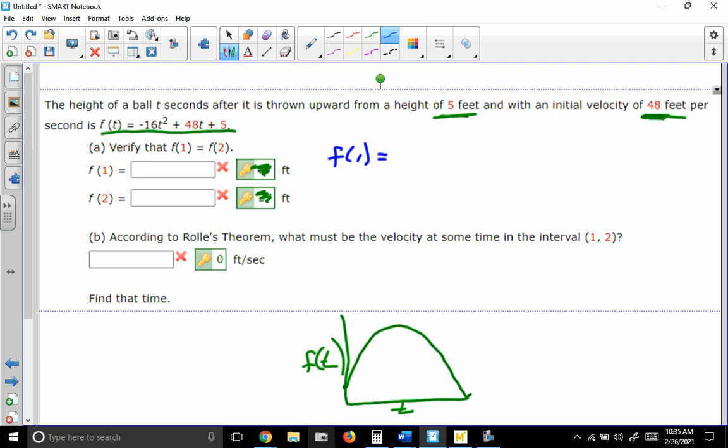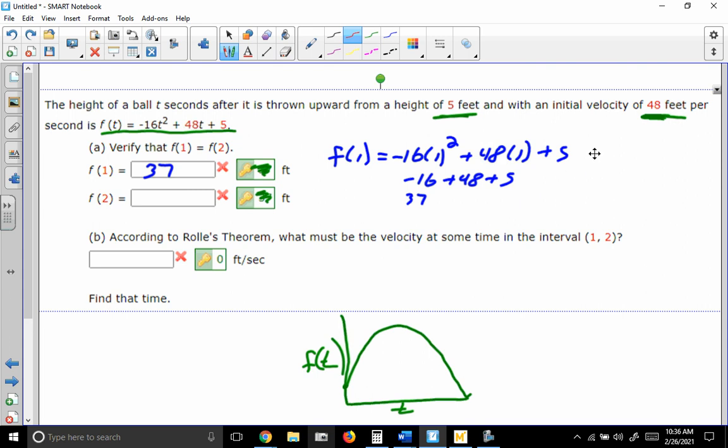Well, we plug them in. If we plug in 1, 1 squared is 1, times negative 16 is negative 16. 48 minus 16, that's 32, plus 5 is 37. So when t is 1, when it's been going for 1 second, it's at a height of 37.